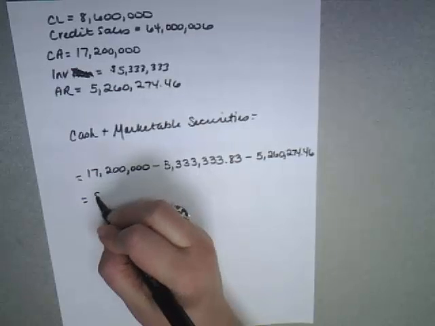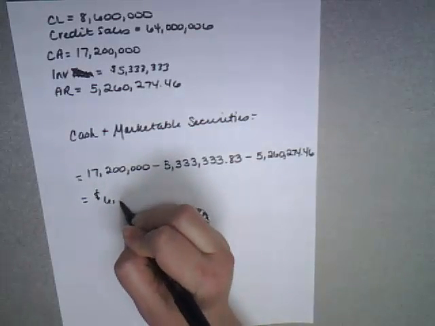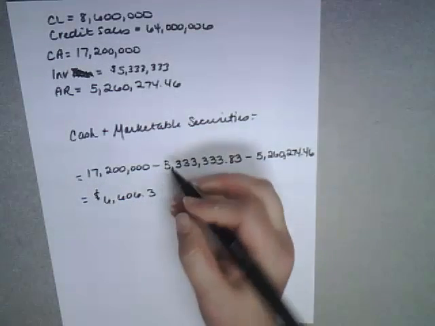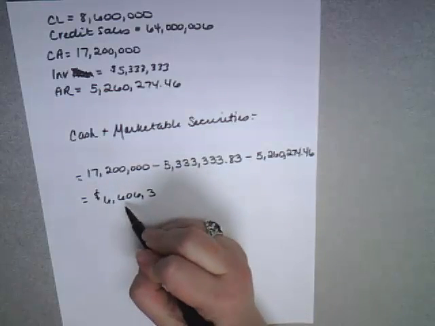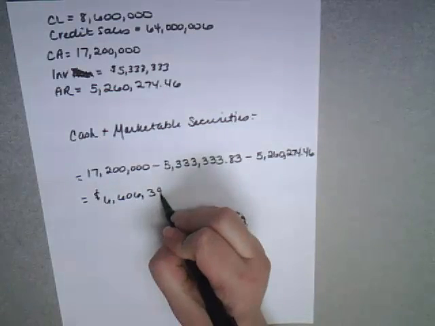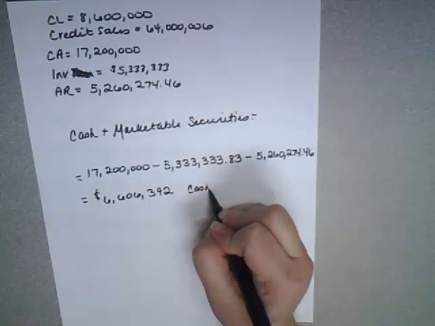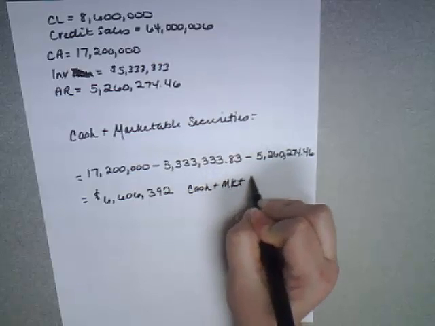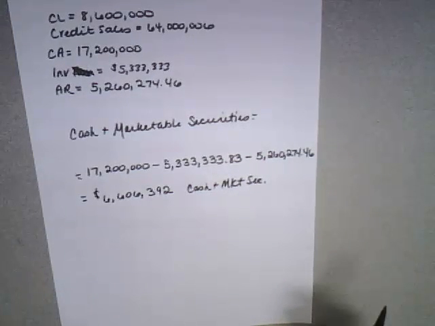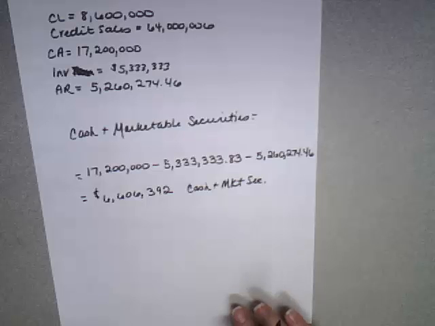And we ended up with $6,606,392 for the value of cash and marketable securities. So that problem took a little bit of work, but you would have covered that in accounting 212. Okay, moving right along to number 7.